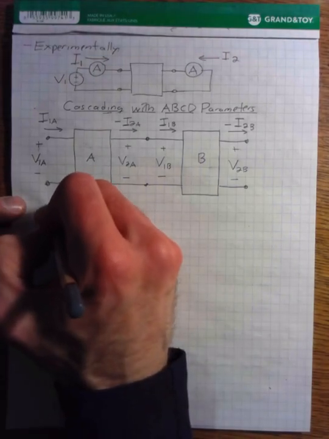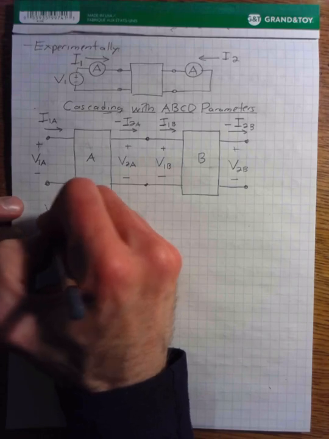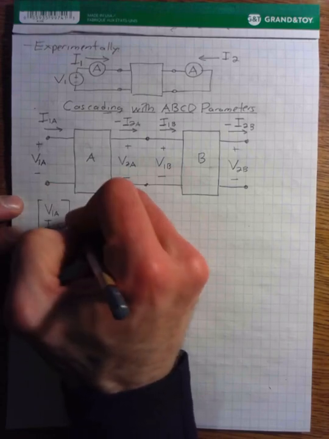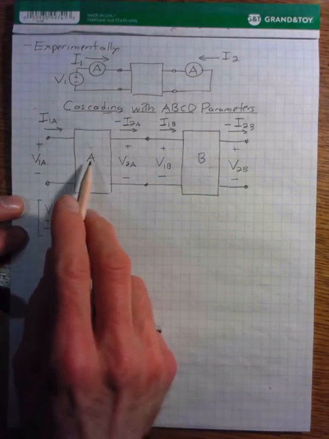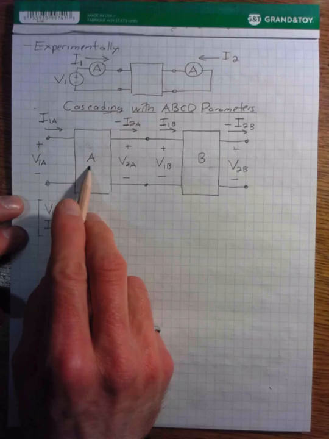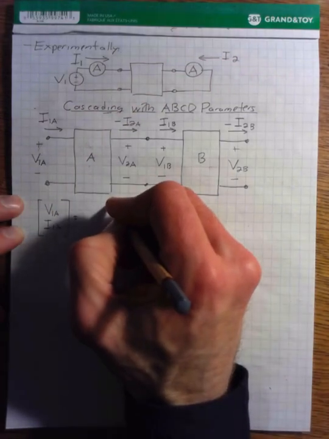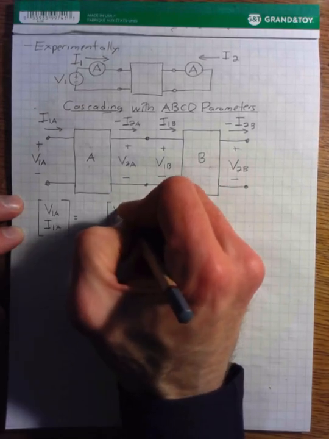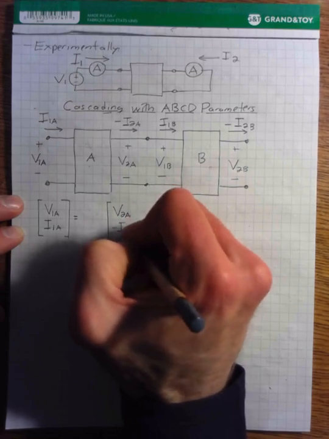The vector V1A and I1A is equal to the 2x2 ABCD matrix for system A multiplied by the vector V2A and minus I2A.